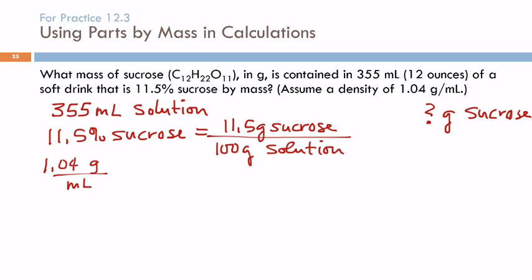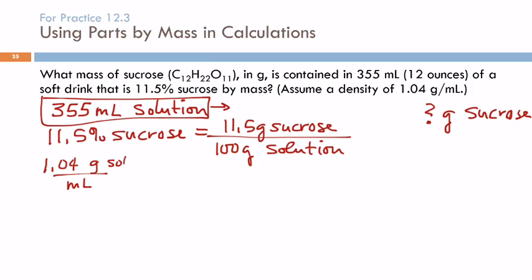Okay? So that tells me I'm probably going to start with this one. So I'm starting with this. And then I'm trying to get to grams of sucrose. So I have to figure out the path. It's kind of a review of dimensional analysis here. Yeah, I can use this density because the density, is that referring to the density of the sucrose or of the soft drink? It's the whole thing, the soft drink.